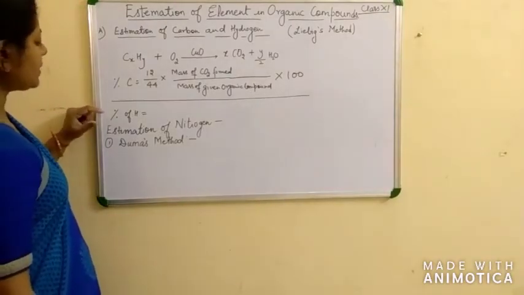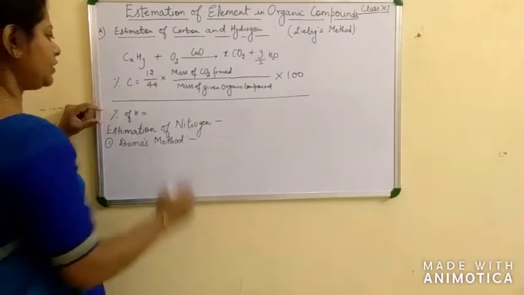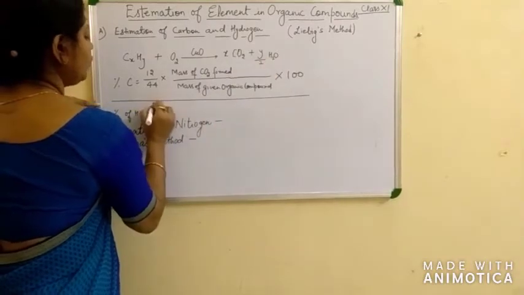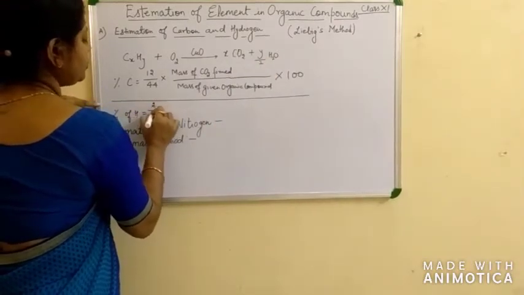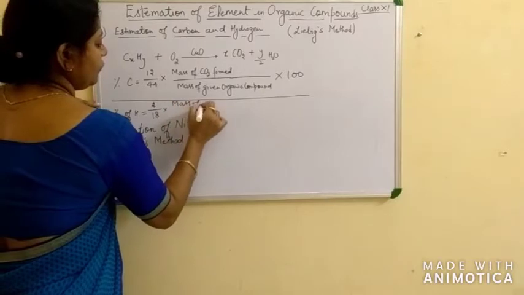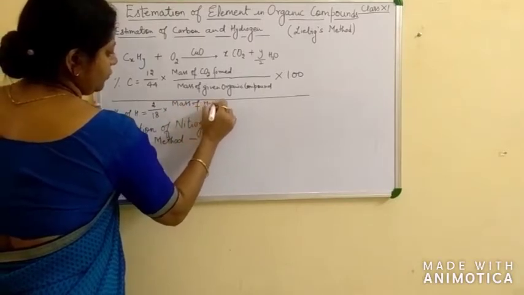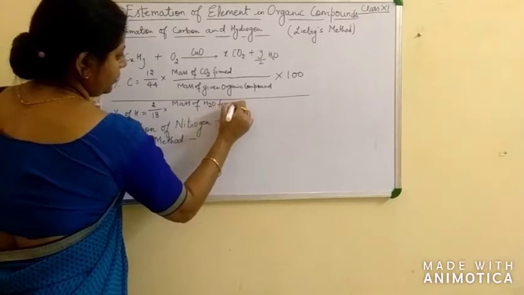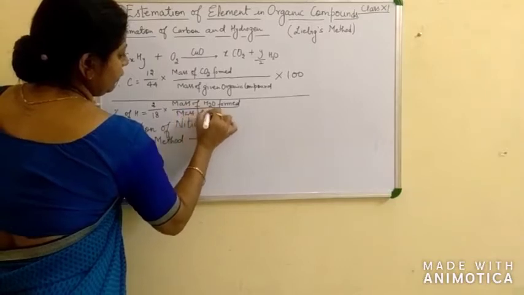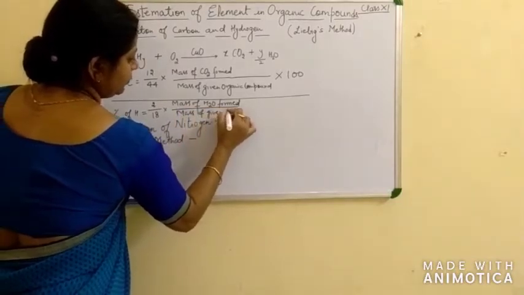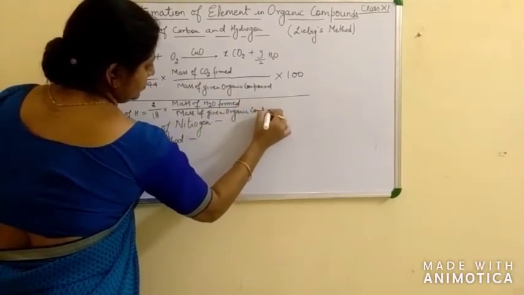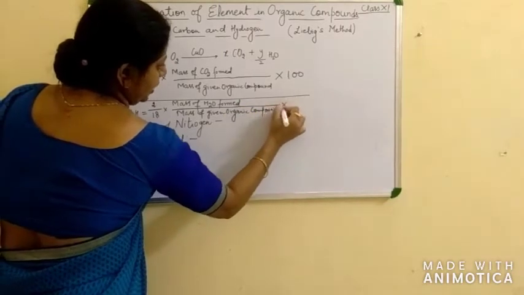Next is percentage of hydrogen. For this, hydrogen is converted into water molecule. So, in a water molecule, 2 units of hydrogen are present in 18 grams: 2 by 18 into mass of water formed or obtained, divided by mass of given organic compound, into 100.